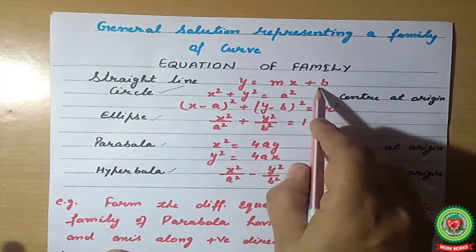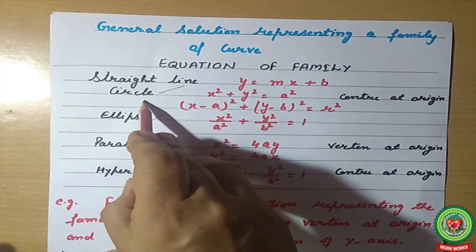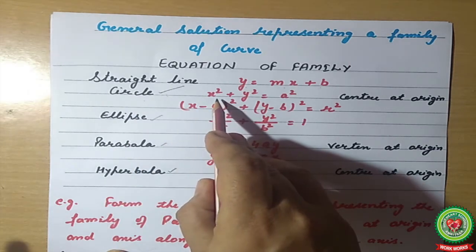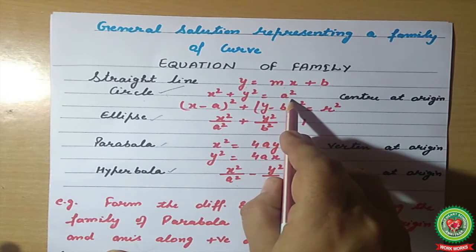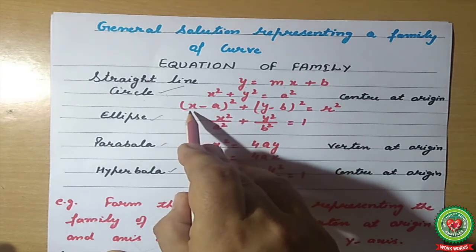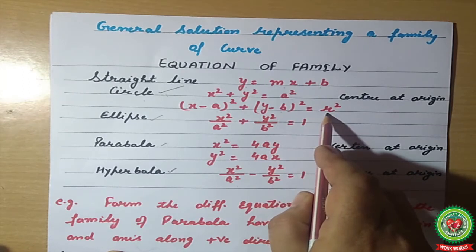y is equal to mx plus b, that is the equation of the straight line. Circle: when the center is at the origin, the equation is x square plus y square is equal to a square. When the center is given, (x minus a) whole square plus (y minus b) whole square is equal to r square.